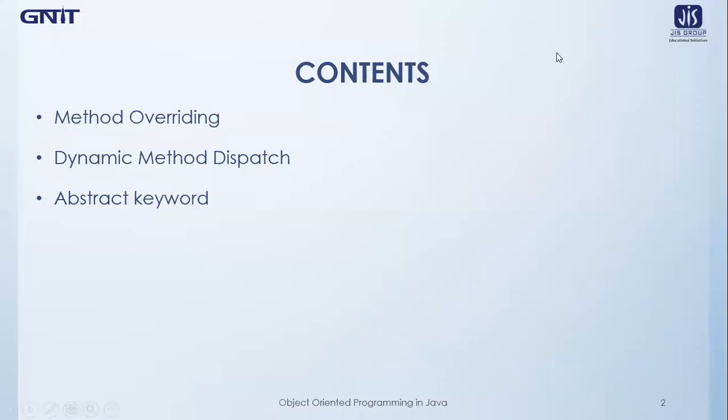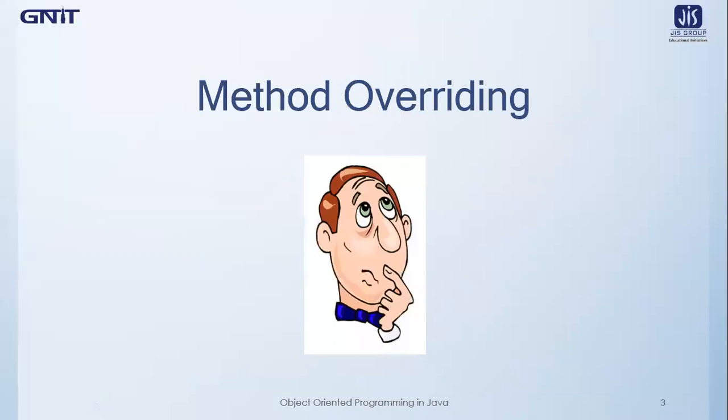So let's move on to the first topic of today's lecture, which is method overriding. Before going into the details of method overriding, let me first describe the definition. In a class hierarchy, when a method in a subclass has the same name and type signature as a method in its superclass, then the method in the subclass is said to override the method in the superclass.